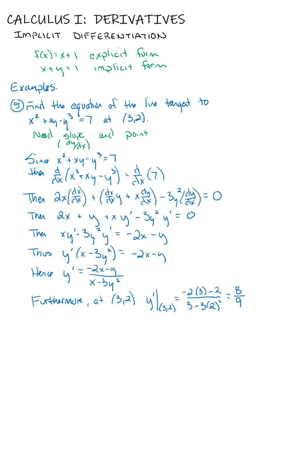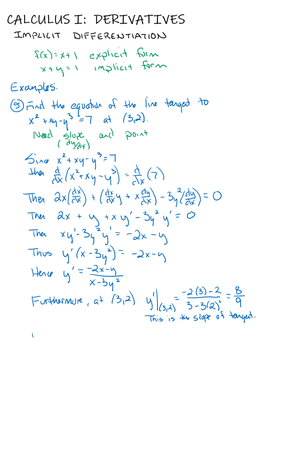All right. So we said we needed a slope, and that's exactly what we have. So now let's just make note that this is the slope of the tangent line at that point 3, 2.